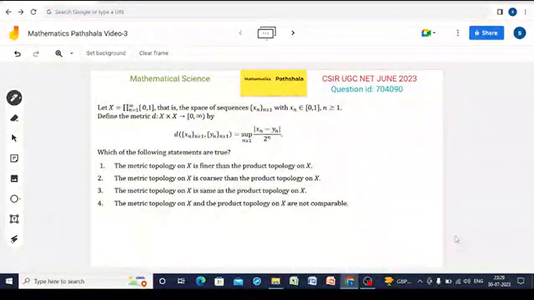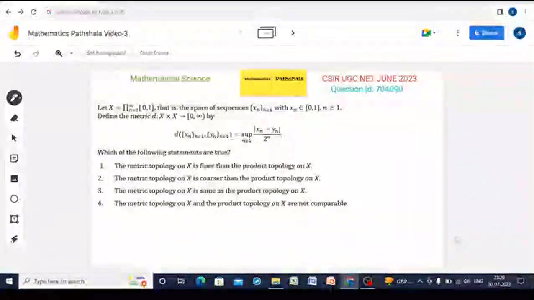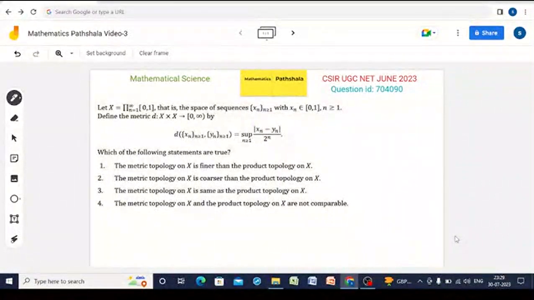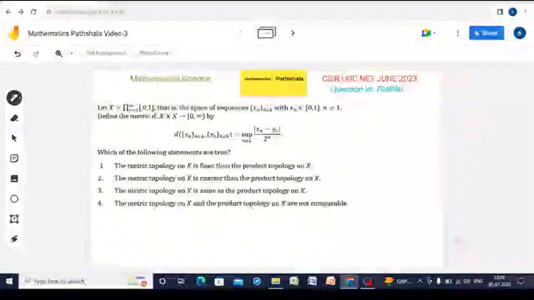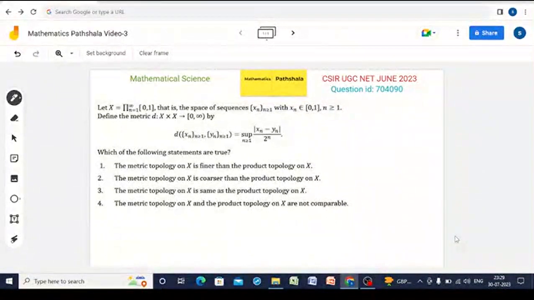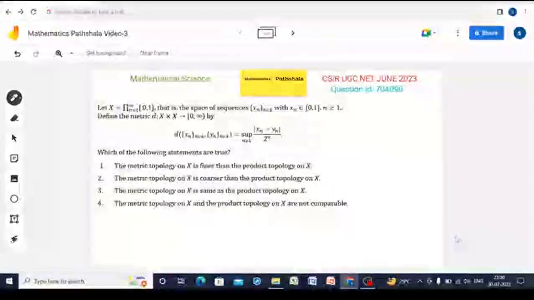See here, 0 1 is the subspace of the usual topology on R. So we will see 0 1 as the subspace with respect to the usual topology on R. So this is the countable infinite product of the 0 1, which is the subspace of the usual topology on R. And we now show that the metric D is defined here in this way, and the topology induced by this metric will be the same as the product topology on X. So we now show that the product topology on X and the metric topology on X will be the same.